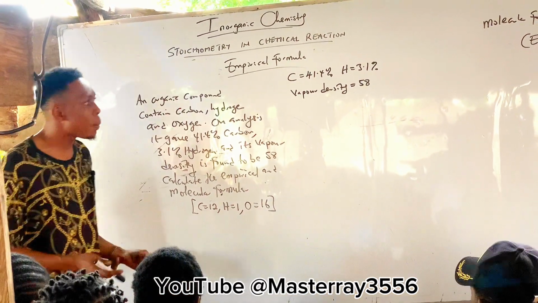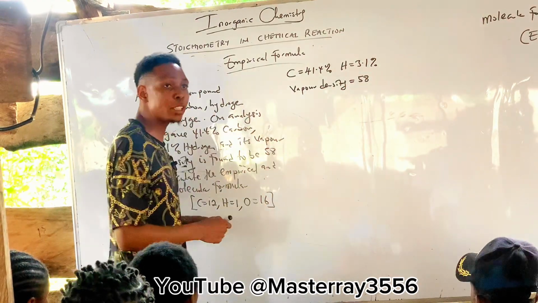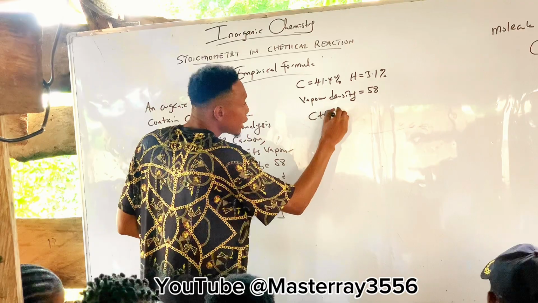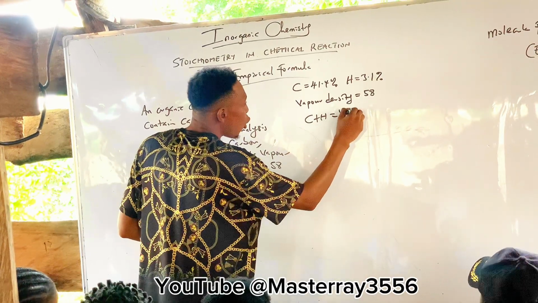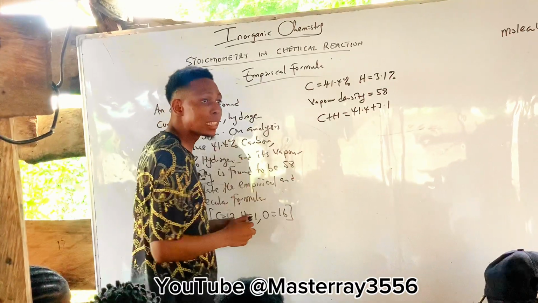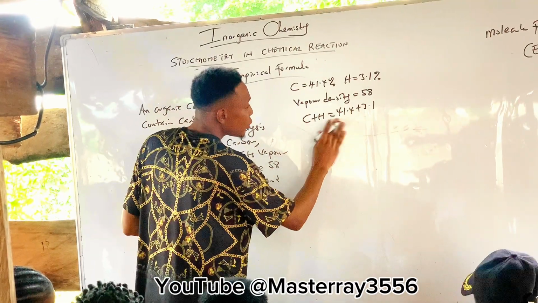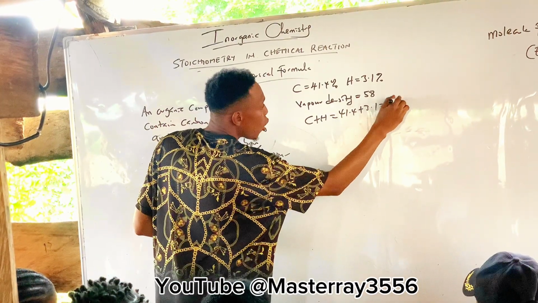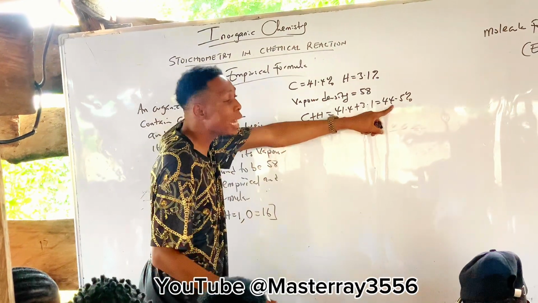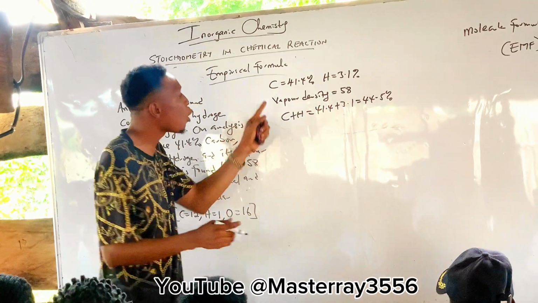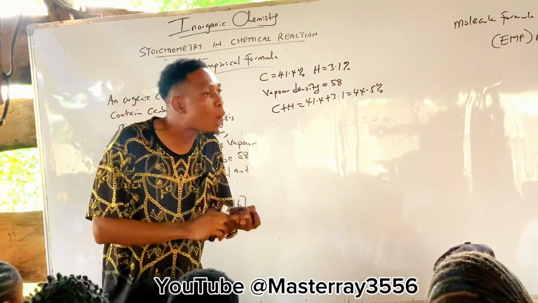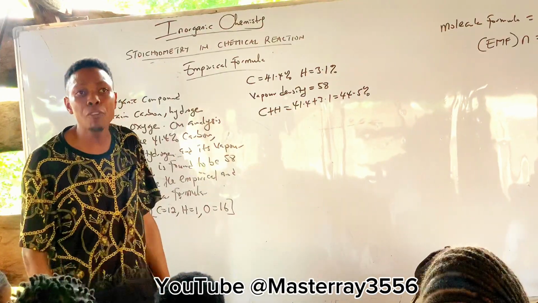Now this is how to go about it. I was given in terms of percent. What did I say you do? You add up the two together. That is C plus H, that is 41.4 plus 3.1. Add up together, what do we have? We have 44.5%. Then we subtract this from 100. You can see that what they gave us was just carbon and hydrogen, and the compound contains carbon, hydrogen, and oxygen.